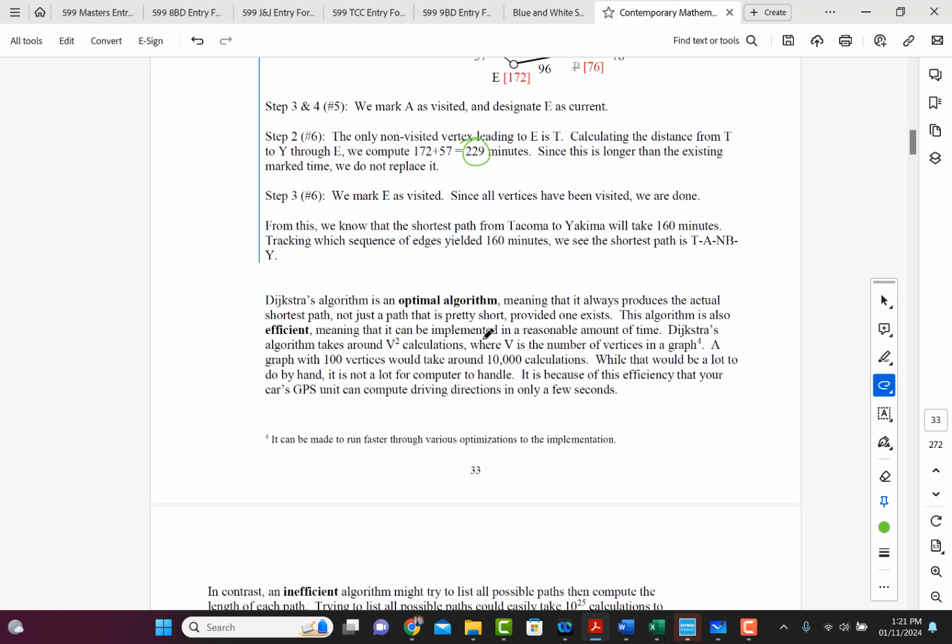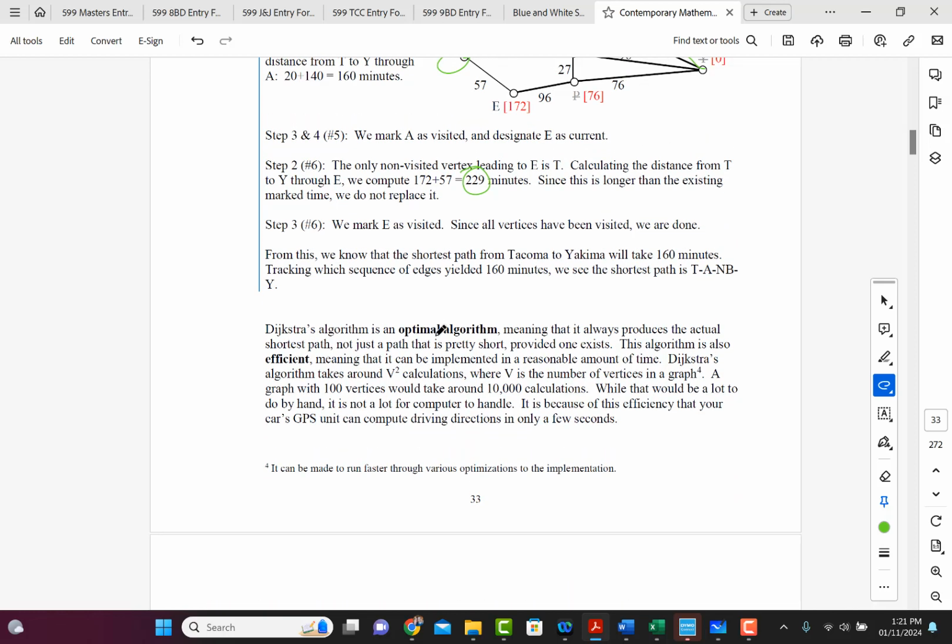Now, Dijkstra's algorithm is an optimal algorithm, meaning that it always produces the actual shortest path, not just a path that is pretty short, provided one exists. The algorithm is also efficient, meaning that it can be implemented in a reasonable amount of time. Dijkstra's algorithm takes around v squared calculations, where v is the number of vertices in a graph.